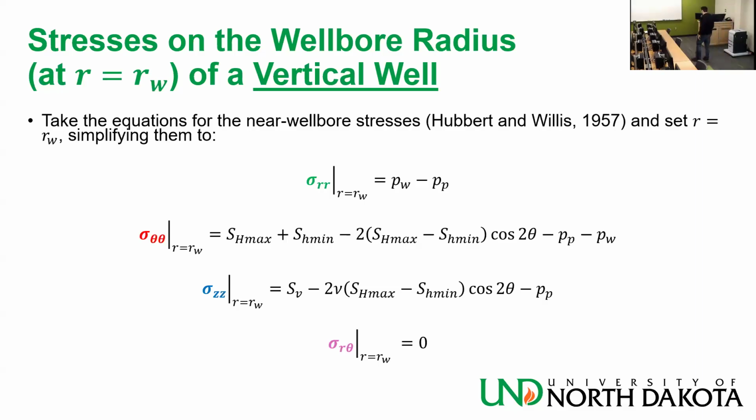Remember, theta is the clockwise angle from 0 degrees from the top, which is from the SH max. And these are Hubbert and Willis equations. They assume static pore pressure.